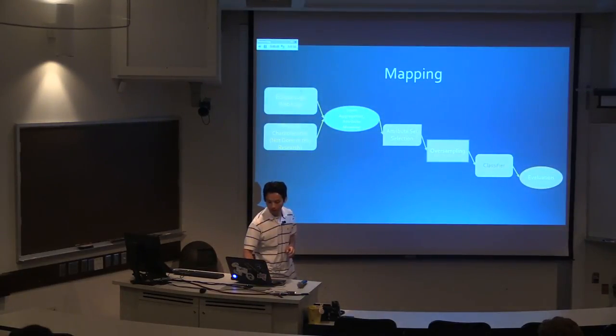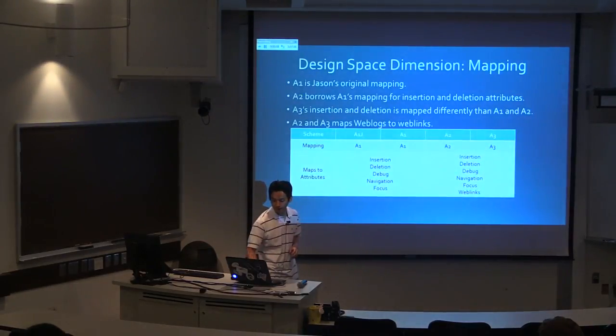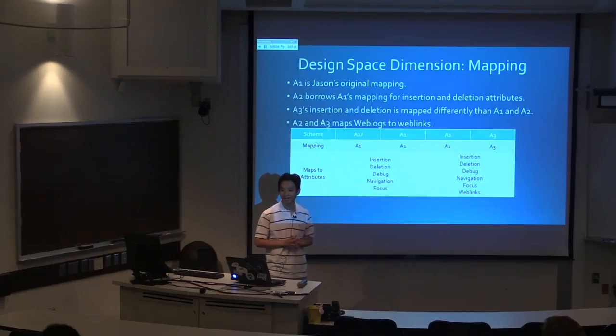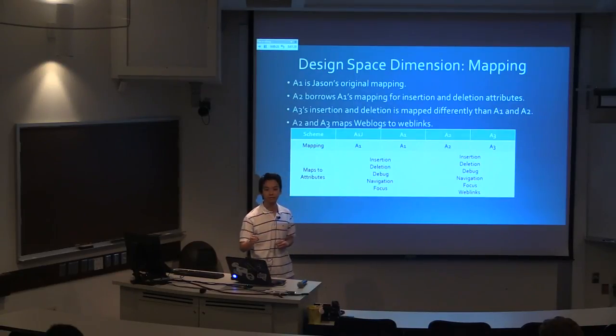So now we can talk a little bit about the mapping dimension of the design space. For lack of better names, Jason's mapping is called A1. That's the original mapping. The current research introduces two different mappings. A2 inherited Jason's mapping to the insertion attribute for the classifier, and it inherits insertion and delete.